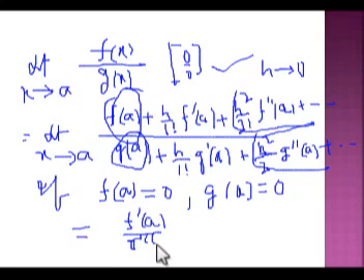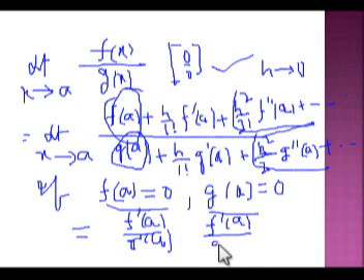And if it happens that f(a) and g(a) are 0, and also the first derivative, again you are getting 0 by 0 form. After doing differentiation, you are getting again 0 by 0 form.